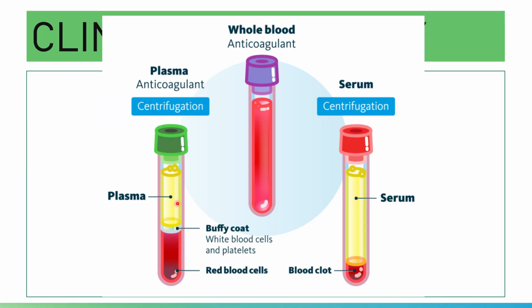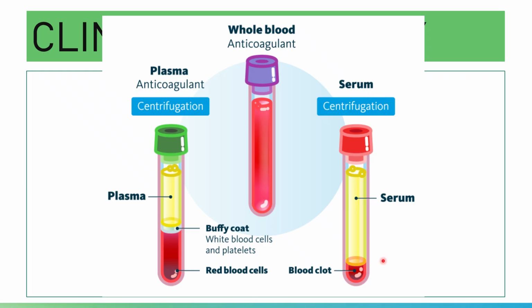The plasma is the liquid portion of blood placed in a tube that has an anticoagulant. After placing it, you did some inversions and then you spin, you will have a plasma as the liquid portion. And then you have here the hematocrit or the packed red cells.